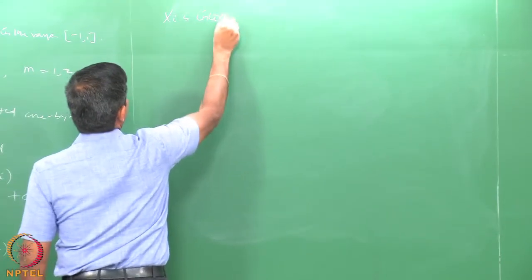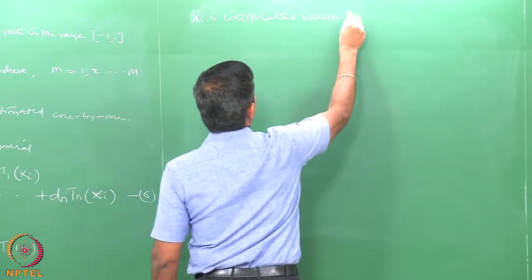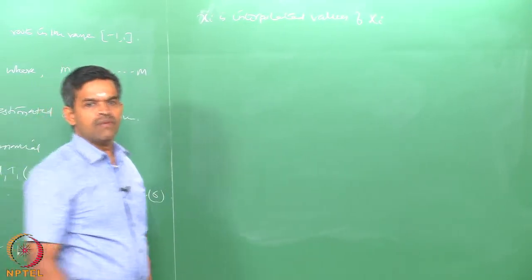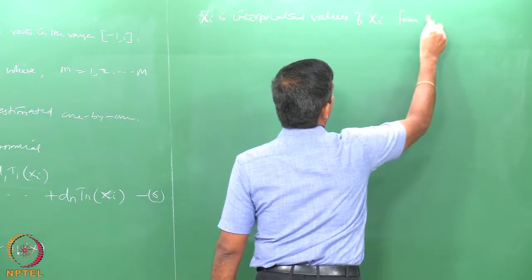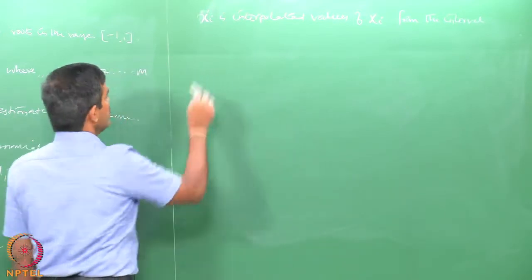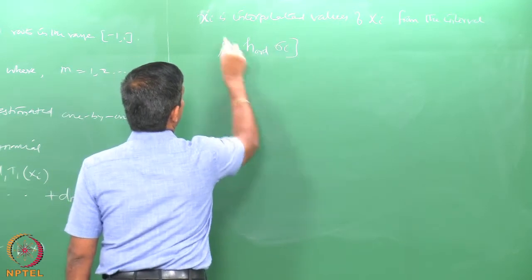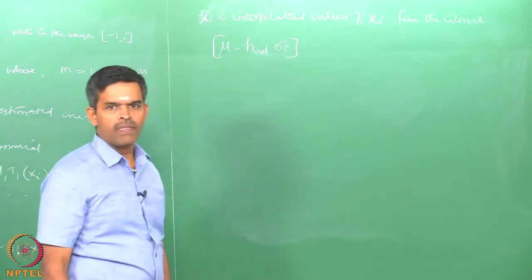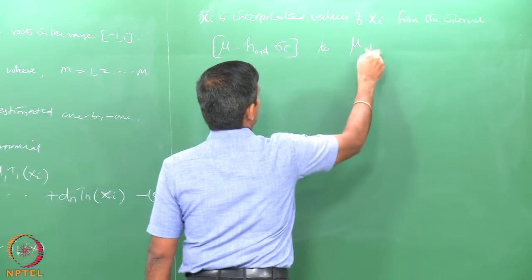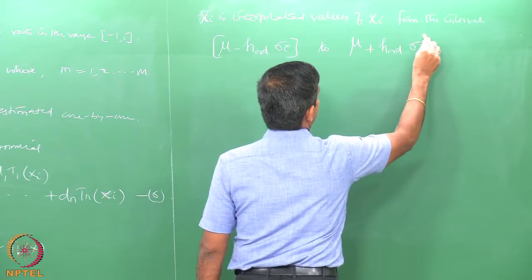x_i is the interpolated values of x_i from the interval mu minus h sigma_i to mu plus h sigma_i.